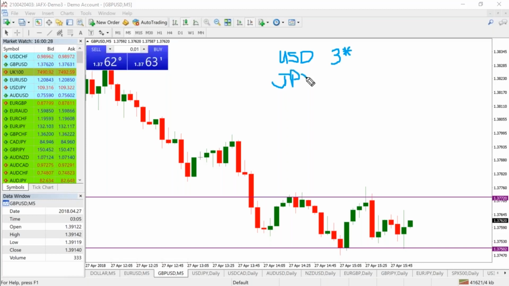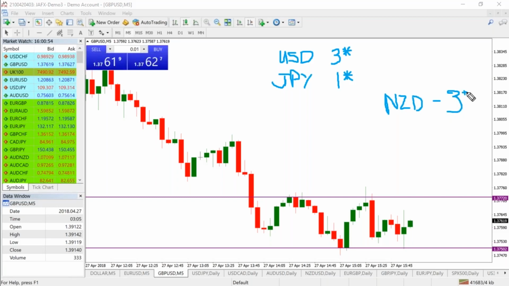And I want to show you something else as well. If I just get up my pen very, very briefly, just bear with me. So what we might have is currently we've got USD, which is very strong at the moment, and let's say we give it a 3-star for strength.